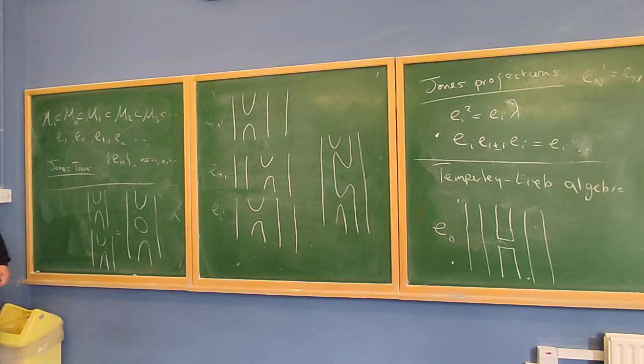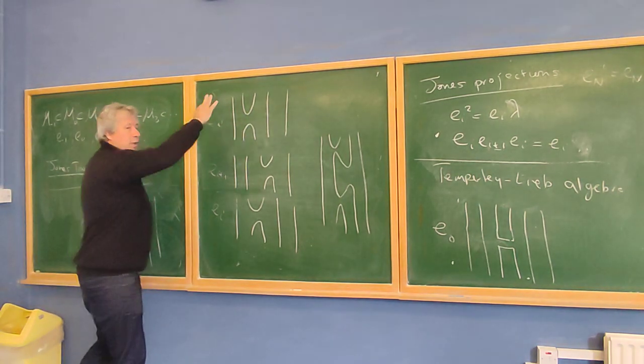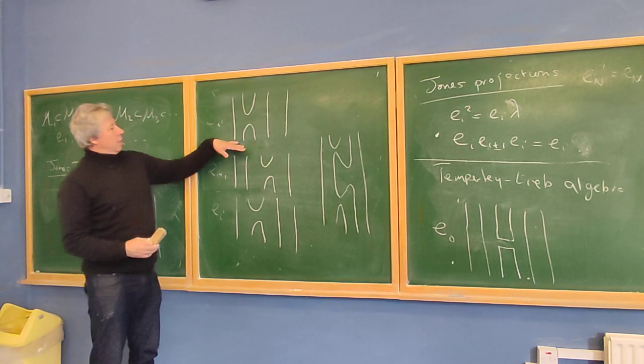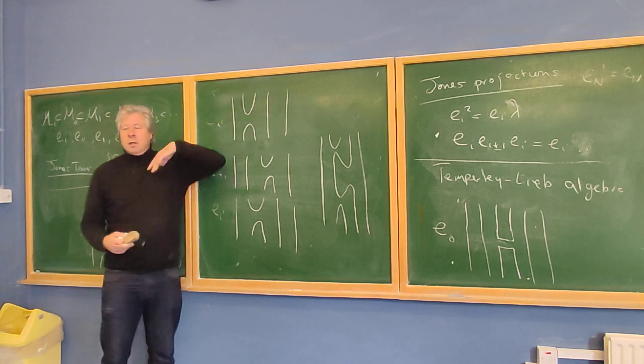But there's a fun fact about how many of these diagrams exist. So what I can do, if I look at this, is called a Temperley-Lieb diagram. It has an even number of lines that are being connected with each other.